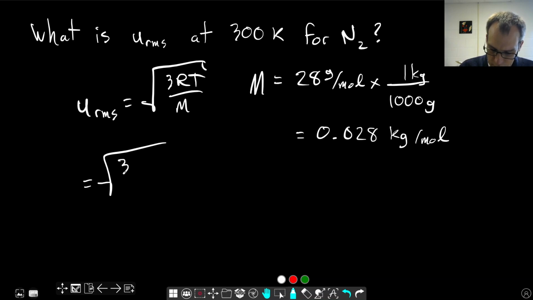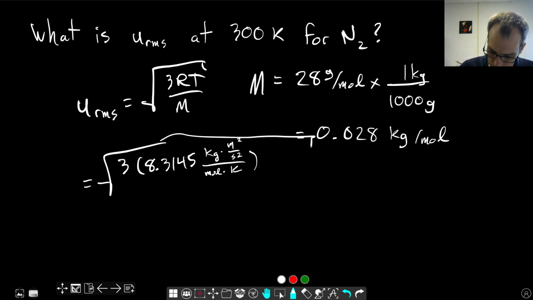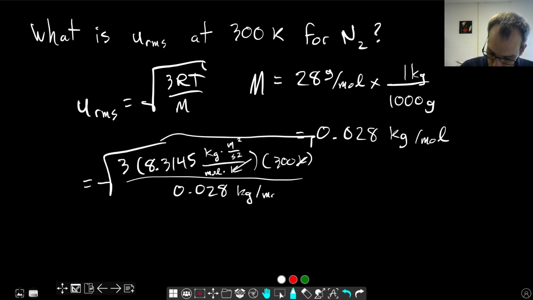Now the other thing we need to do is put in R in the units that we just saw on the previous slide: kilogram times meter squared over second squared over mole times Kelvin, times 300 Kelvin. So our Kelvin are going to cancel. And then divided by our 0.028 kilograms per mole.